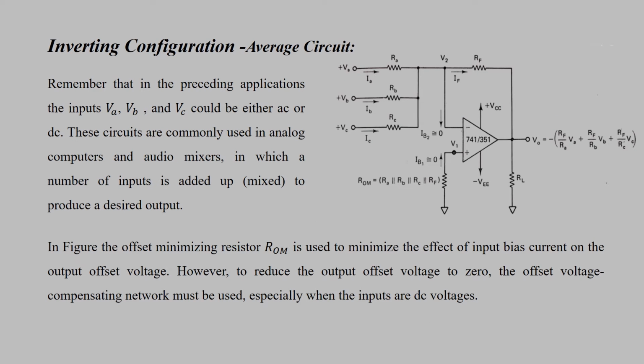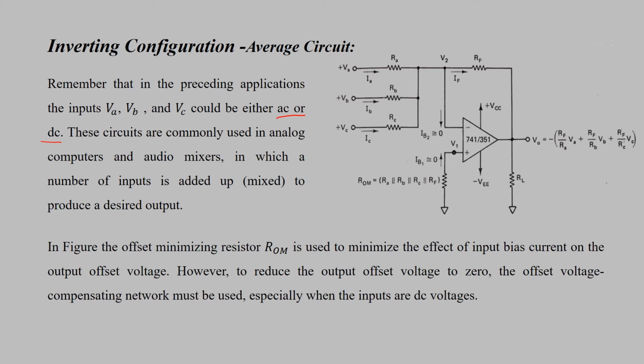Remember, in the previous applications, VA, VB, VC could either be an AC or a DC voltage. These circuits are commonly used in analog computers and audio mixers, in which a number of inputs is added up to produce a desired output.